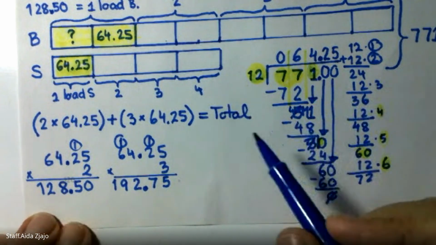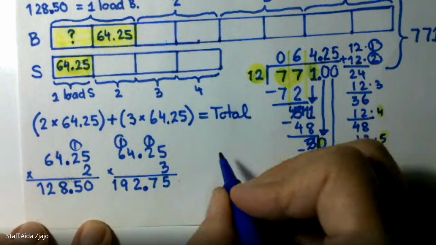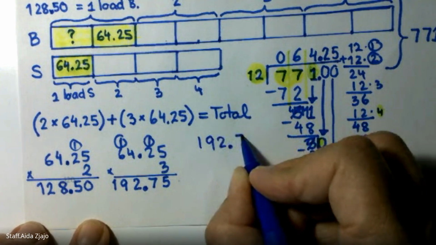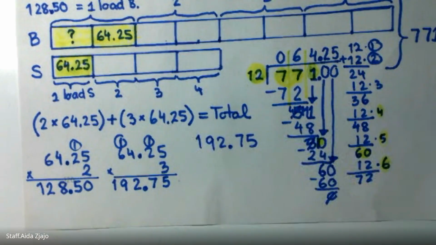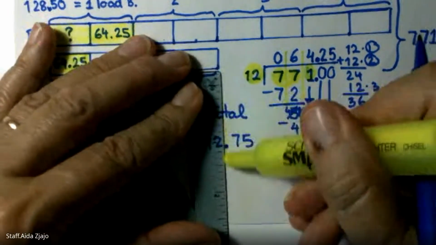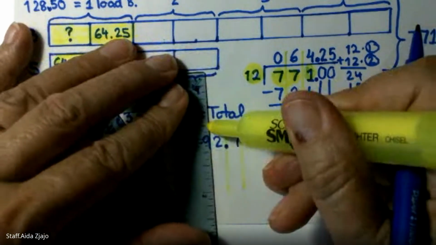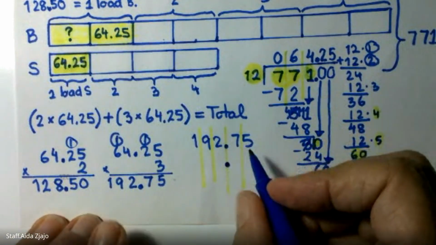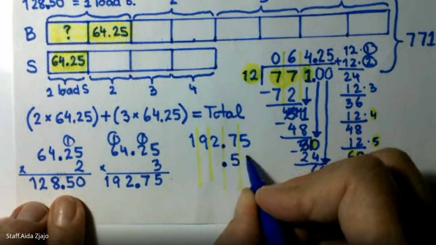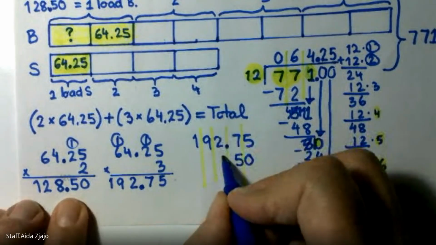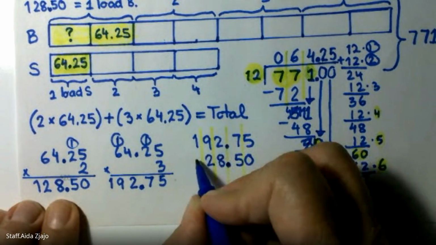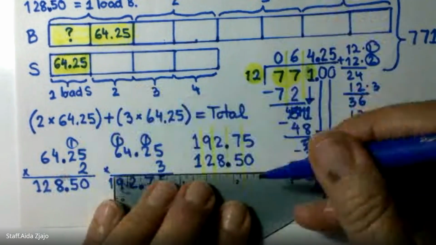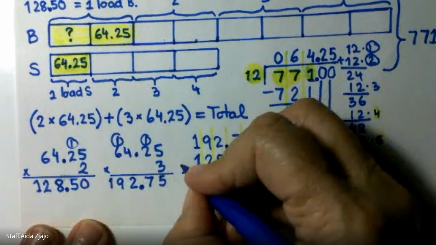Okay, so let's see, we're going to rewrite 192 and 75. I like if we can draw lines between place values. So now I'm putting the decimal point first, and I am adding 50 hundredths, and then 8 ones, 2 tenths, and 100. And then I will add those together.